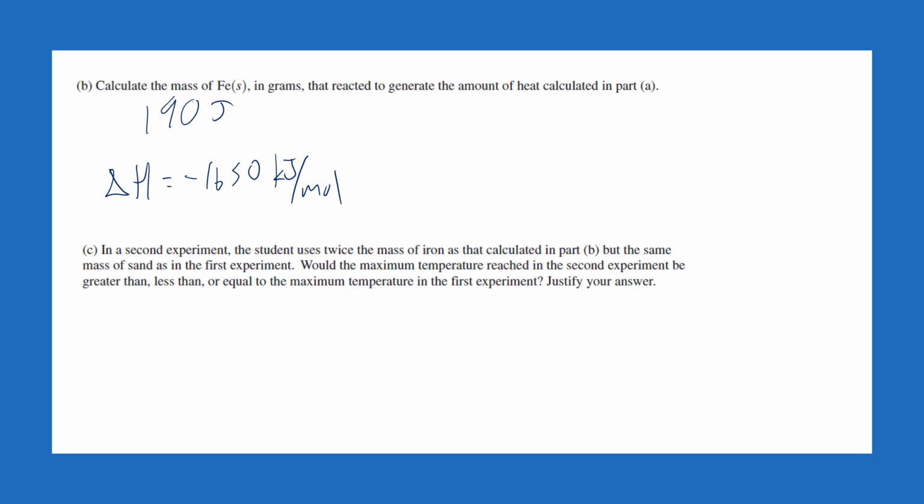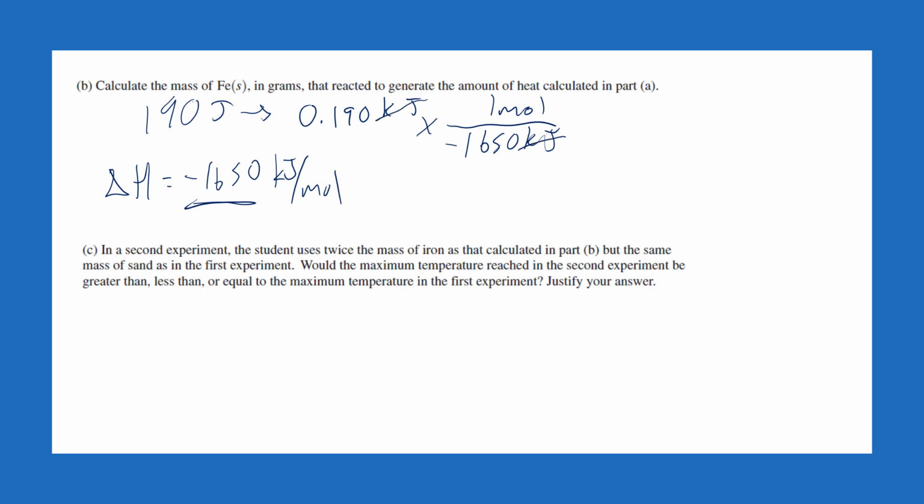And that was right up at the beginning of the question. So what I can do is change joules to kilojoules, so 0.190 kilojoules. And then from there, if I take this heat over 1650 kilojoules per mole, that way I cancel out the kilojoules, right?